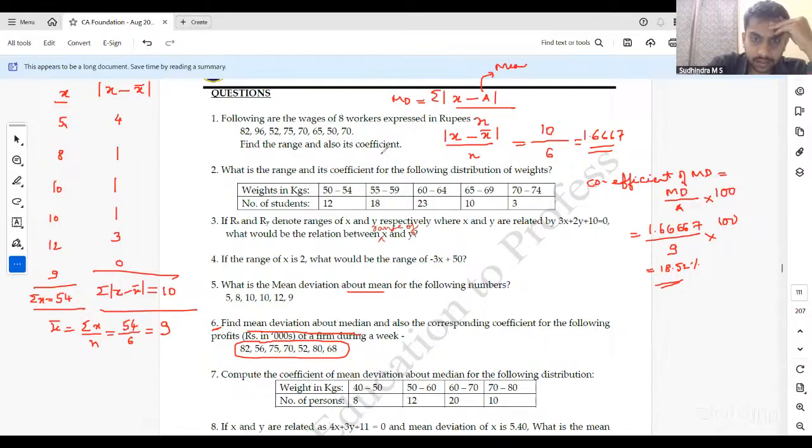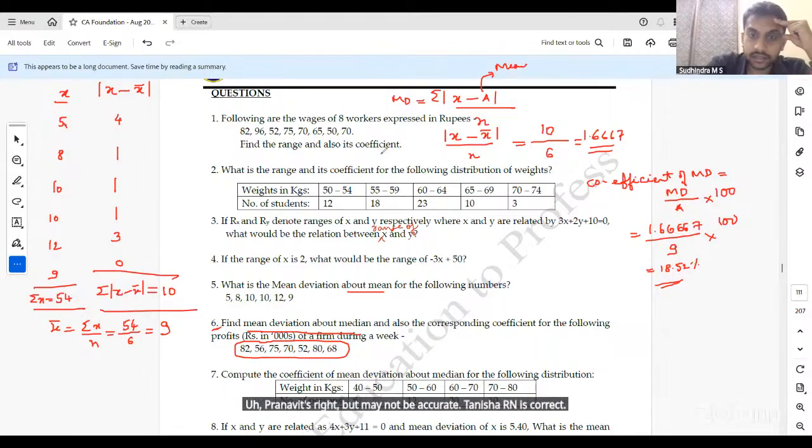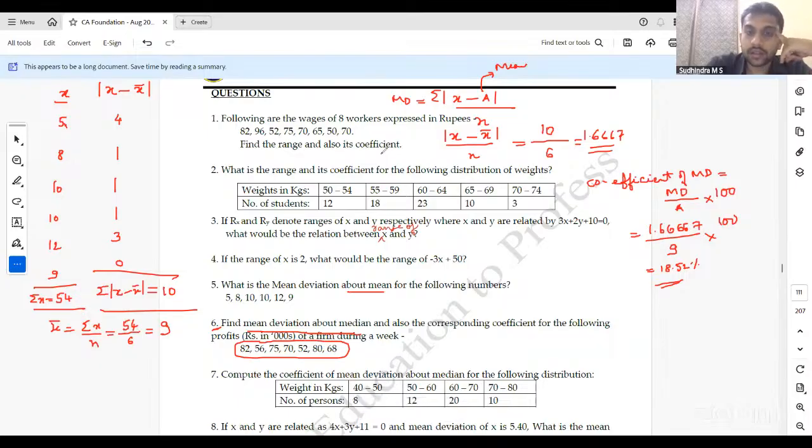Milit, correct. Nandita Bhatt, correct. Sahana, correct. Atharva, correct. Pranav, it's right, but may not be accurate. Tanushri RN is correct. Nagapriya, correct. Manvid, correct. Apurva Jogi, correct. Sahana, yeah, correct.